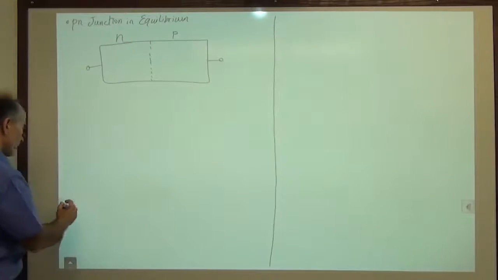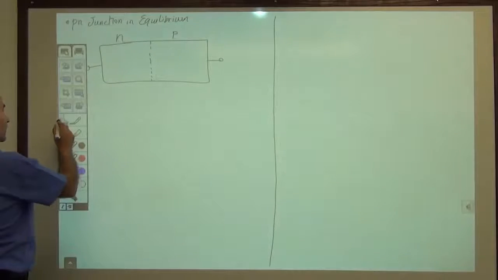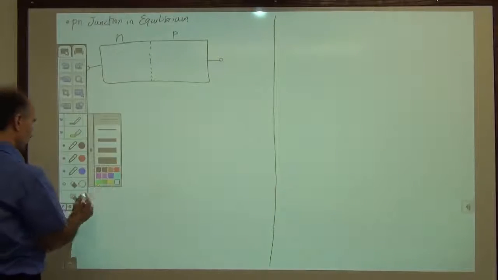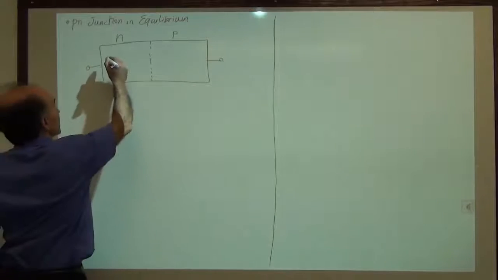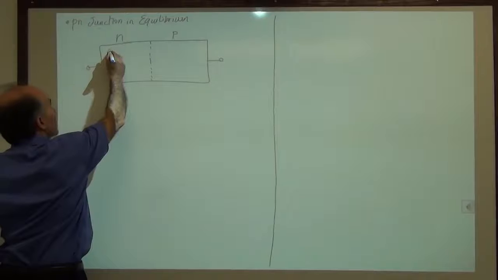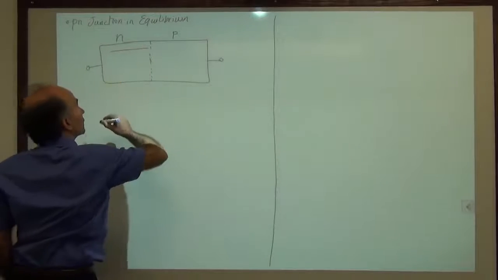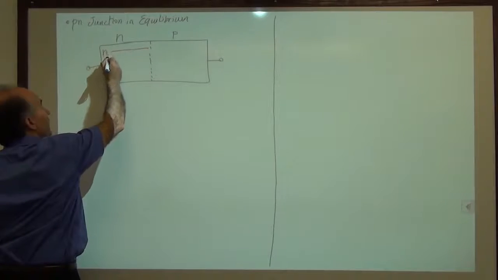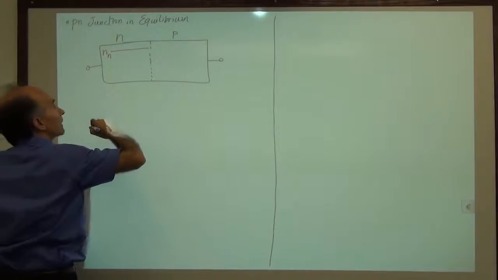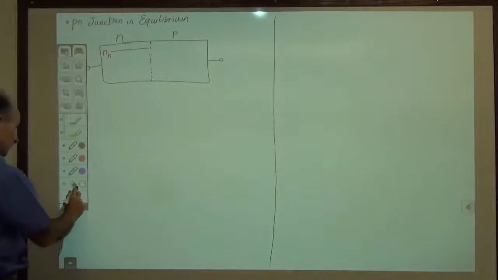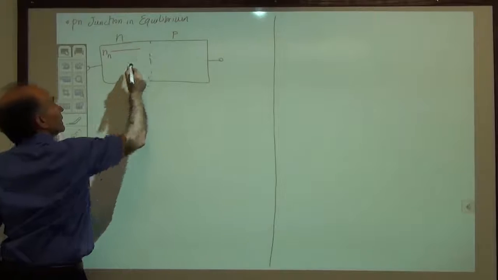Okay, so I need to draw those concentrations again so that we remember where we are. So we have a high concentration of electrons, n sub n. Okay, let me do this more carefully. N sub n.